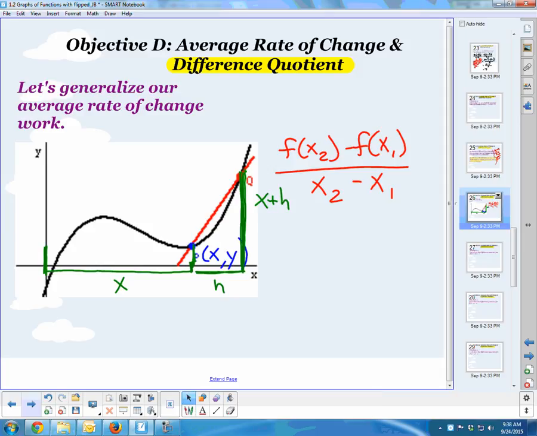Instead of calling the x coordinate of point Q some specific x sub 2, we're going to say, well, we went h units past P's x coordinate.